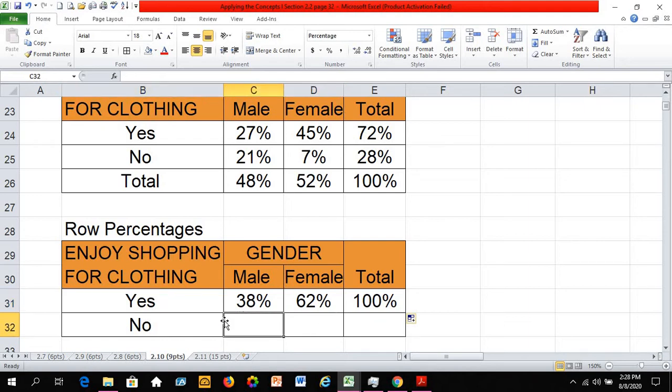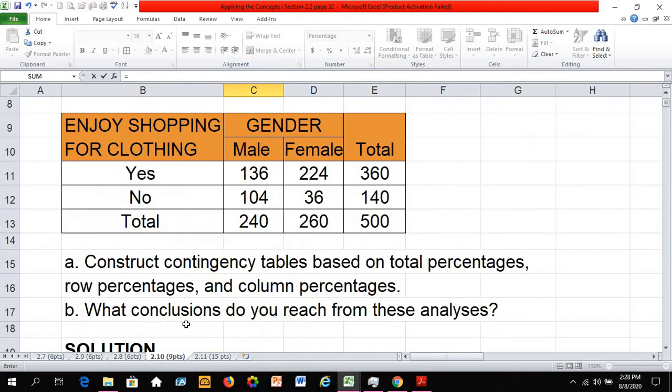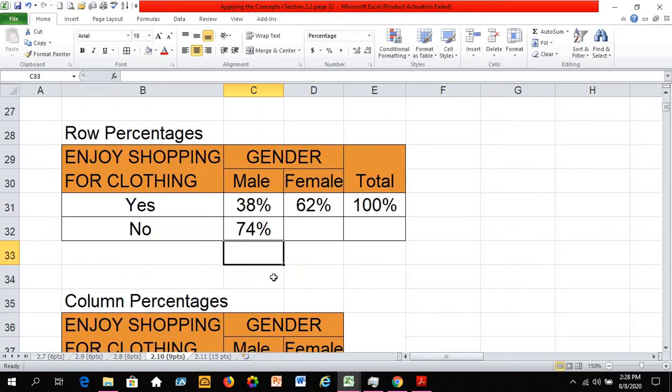We now go for the no, who doesn't enjoy shopping for clothing. Press equal sign. That is 104 divided by 140. Then before we copy the formula, lock our denominator or our divisor, then drag the formula.